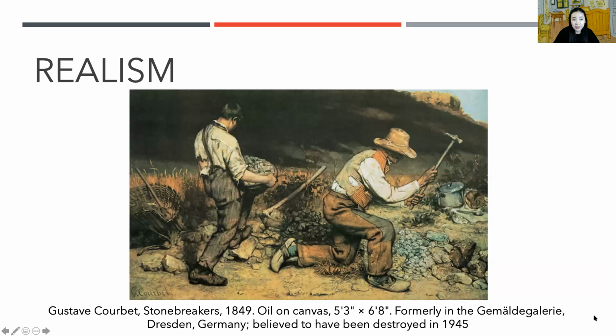And this is another realist artist's work. So what can you see in this painting? What are they doing? I guess mining or breaking stones. That's right. We didn't see that kind of topic last week, right?